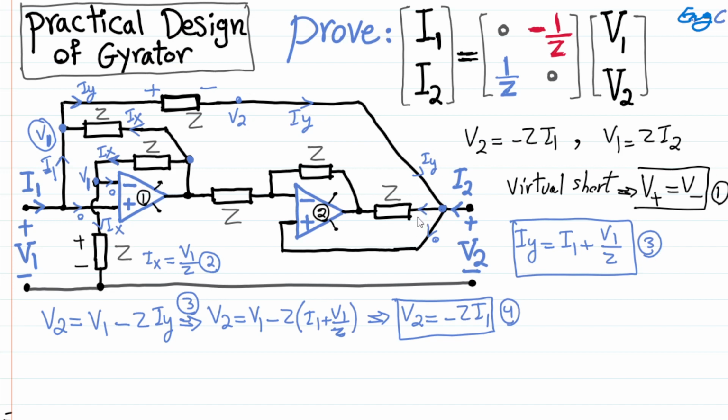This current, let's name it I alpha. The current I alpha is equal to I2 plus Iy.